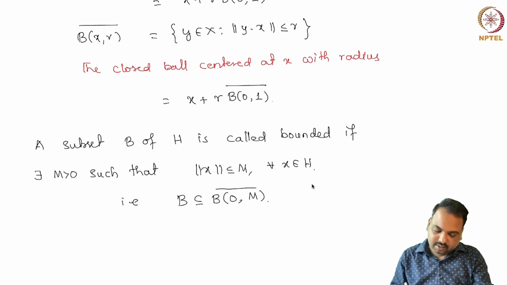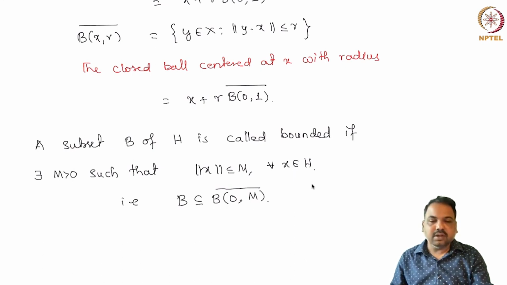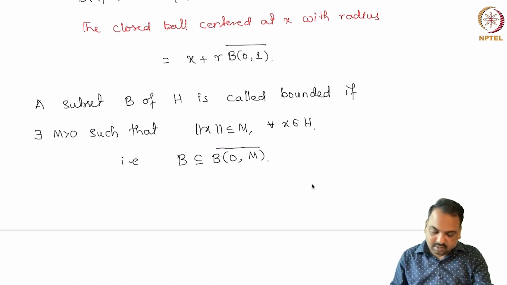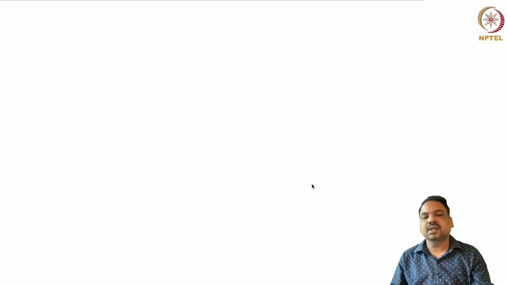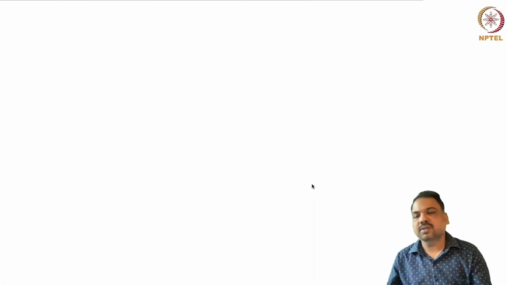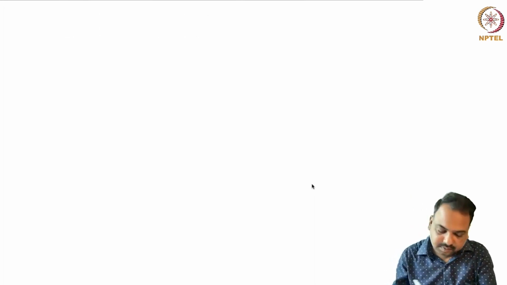If you are able to cover the given set with a closed ball centered at 0 with radius m, then we say that the set is bounded. Now we are interested in maps which take bounded sets of the domain into bounded sets of the codomain. Such maps we call bounded maps.